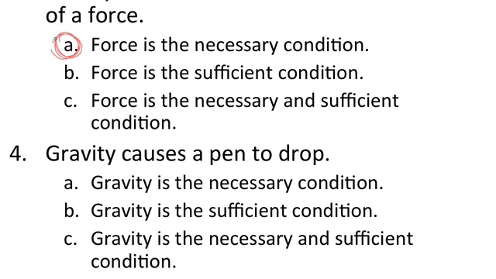Now, 4 is a little bit tricky. The claim here is that gravity causes a pen to drop. But is it the case that gravity is going to guarantee the pen drops? In other words, what is the question that's being asked?